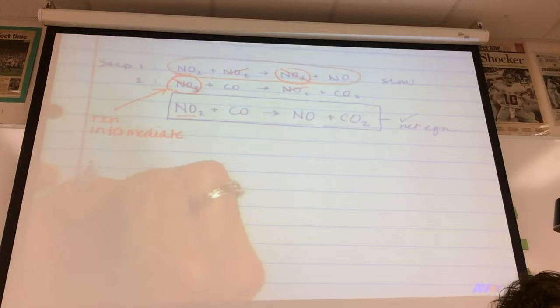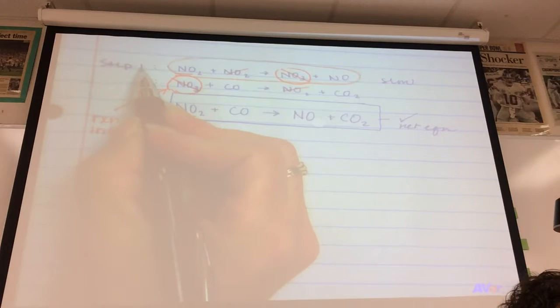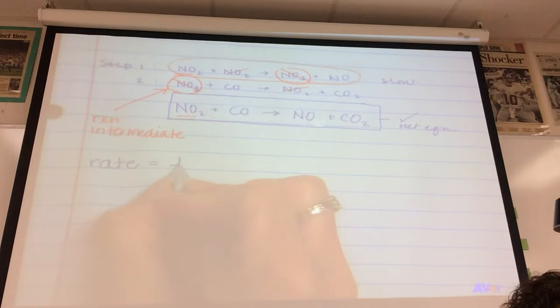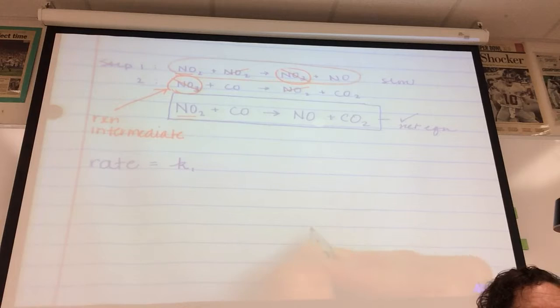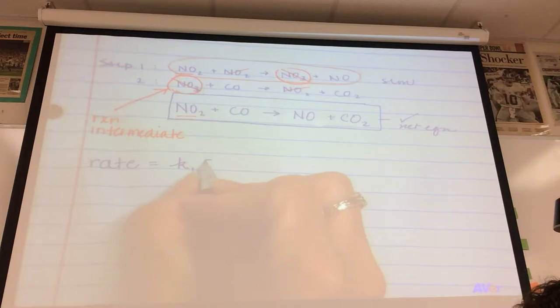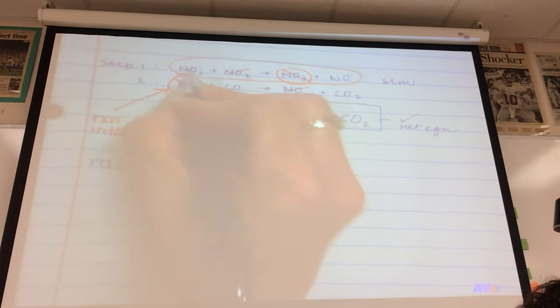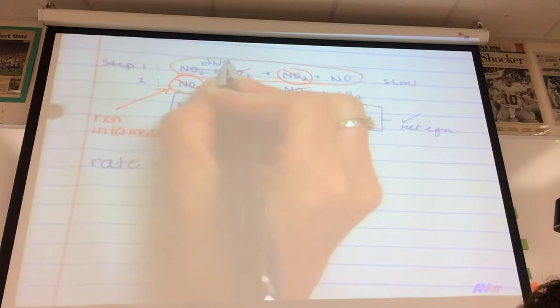I write rate is equal to, this is my first step, so I'm going to write K1. 1 for the first step. I look at my reactants. I have 2 of the same. So instead of writing it like this, it more likely would have been shown like that.